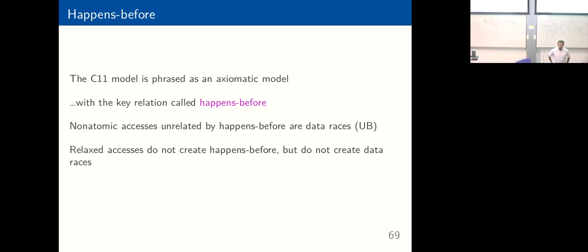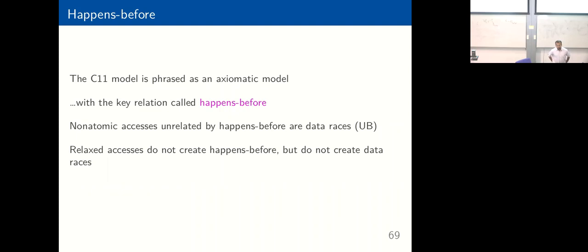The only way to write good C programs is to write data-race-free C programs. And for C purposes, what's a data race? A data race is standard, non-marked accesses that are not related by happens before.